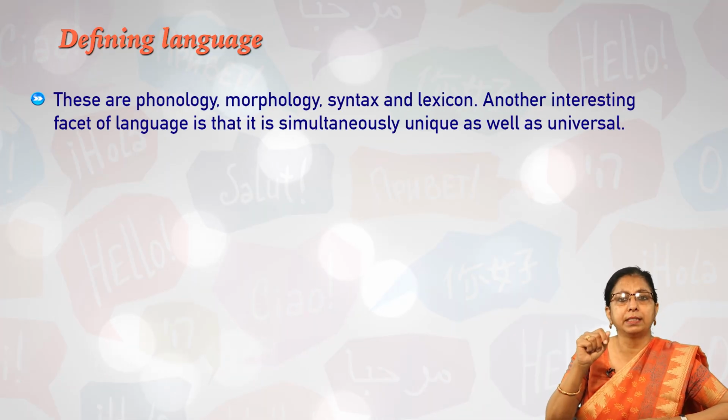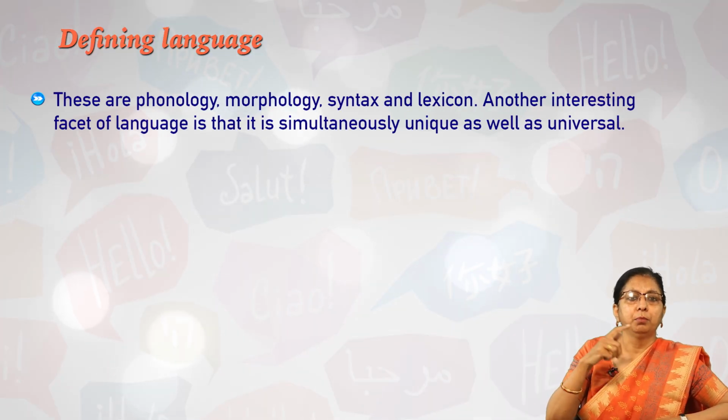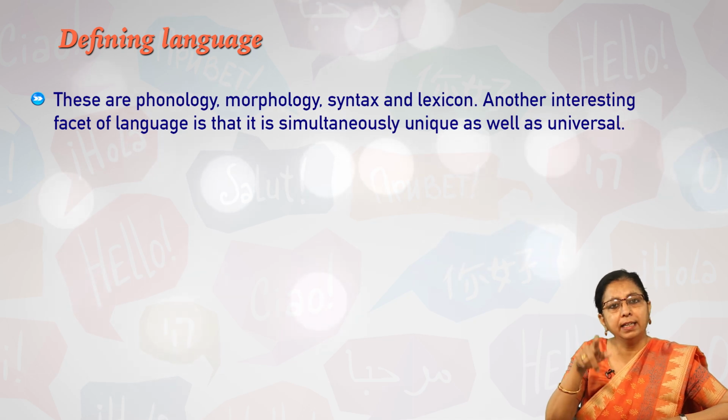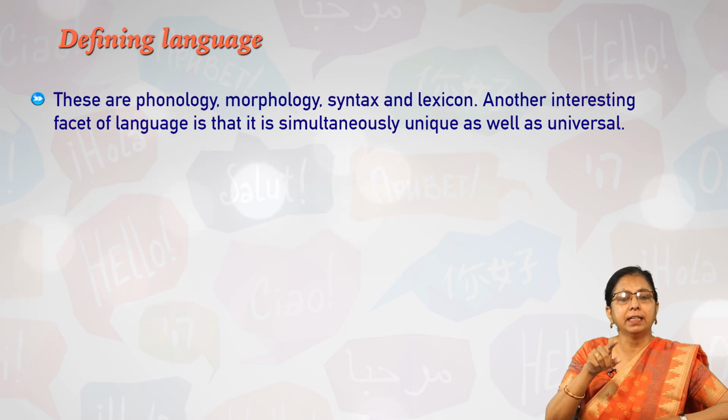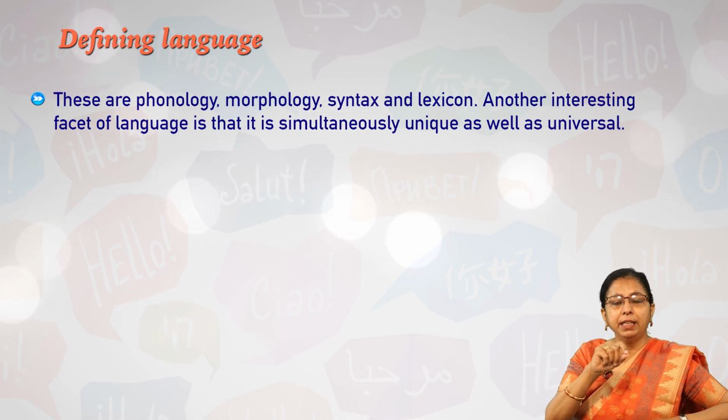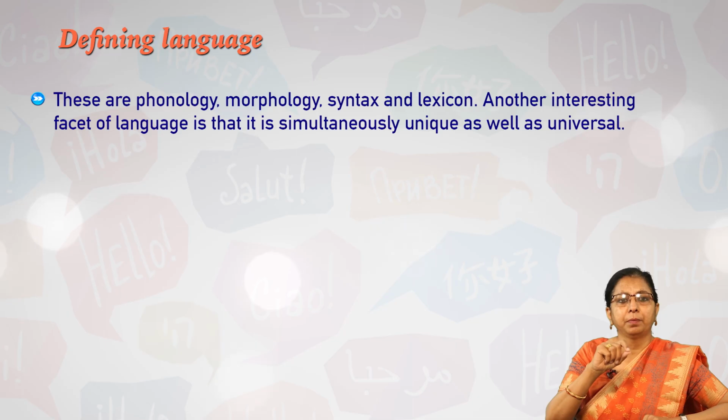Language is a system in that it is made up of different but interdependent components, and these components are phonology, morphology, syntax, and lexicon. Another interesting facet of language is that it is simultaneously unique as well as universal.